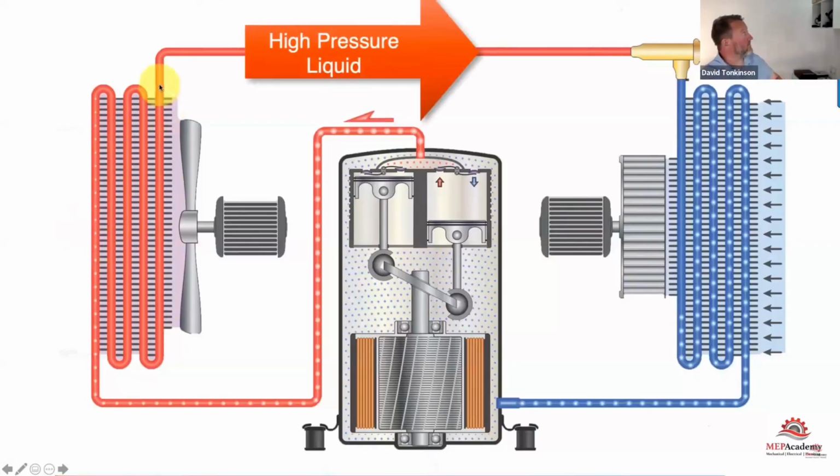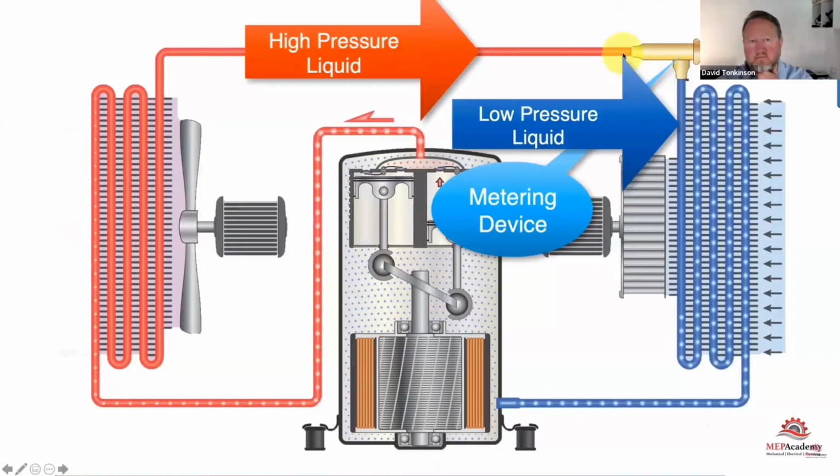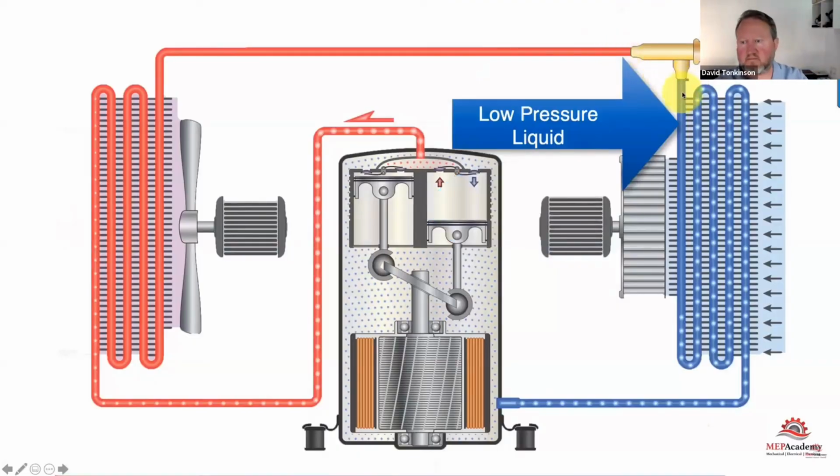And you've got to have liquid when you get to your metering device. So this controls the high pressure and the low pressure liquid. So you've got high pressure liquid coming in, low pressure liquid coming out. Now this liquid is going to boil. It's going to take the heat from the room and boil.